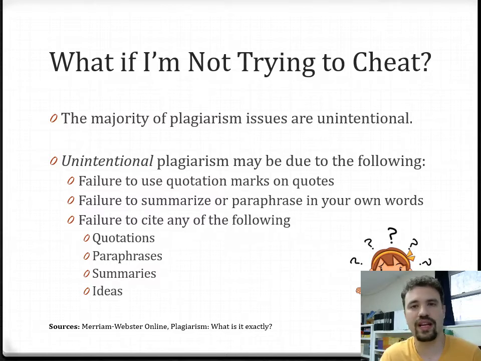And rest assured that if you make some mistakes, I'm just going to point them out and tell you how to correct them. And I'm not going to freak out on you. I'm not going to be like, oh, this is plagiarism, you're going to get a 0 on the assignment. I'm not like that with these unintentional plagiarism issues. That sort of stuff would happen if you were intentionally trying to cheat, which I don't anticipate is going to be a problem at all.